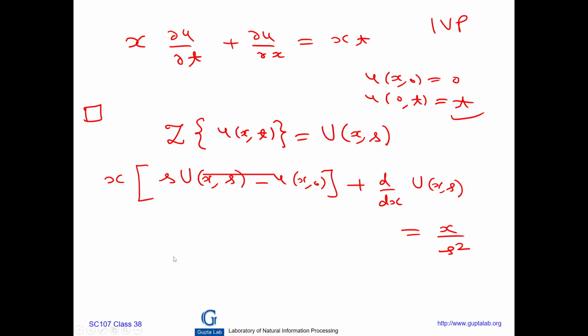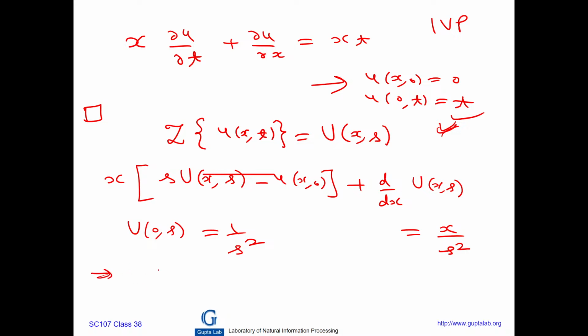So now we can do the transformation on these conditions also. So that means we know that U of 0,s will be 1 over s square, right? From here. Okay, I can apply the transformation on both sides. So that means we get, I can simplify this, right?